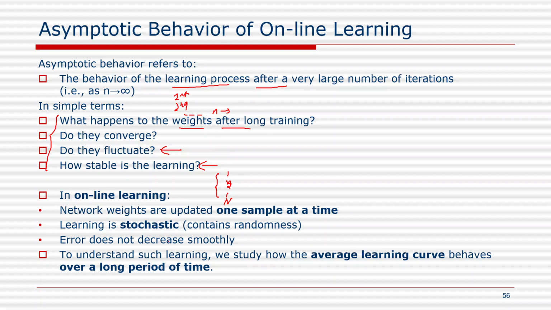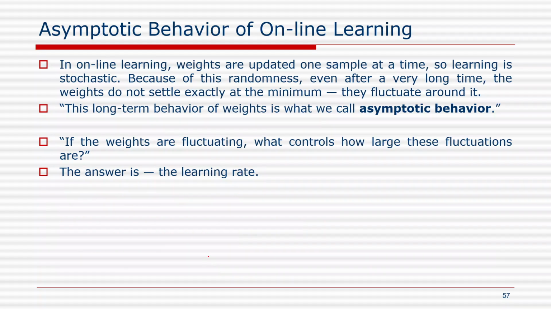Sometimes in online learning, the errors may not decrease smoothly. To understand such learning, we study how the average learning curve behaves over a long period of time. That is, the asymptotic behavior of online learning is to study how the average learning curve of the neural network behaves over many iterations.